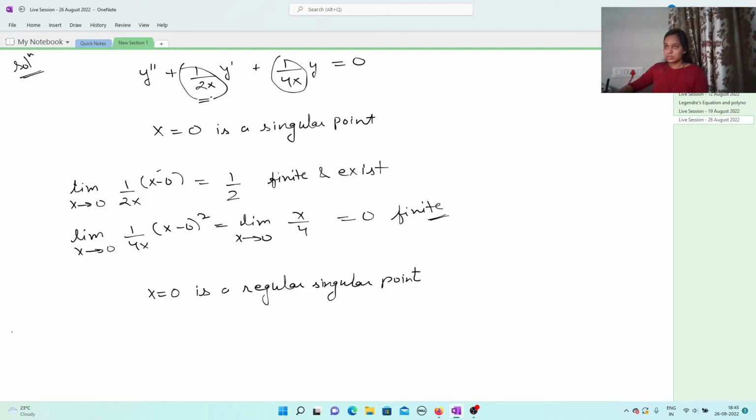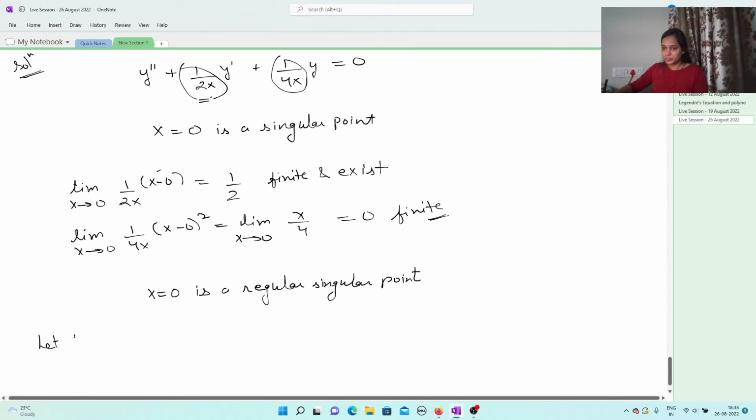Okay. Now to solve using the Frobenius method, let's consider the solution of the form.